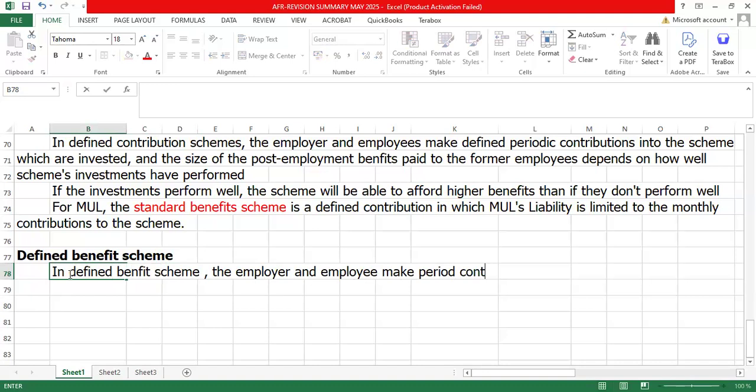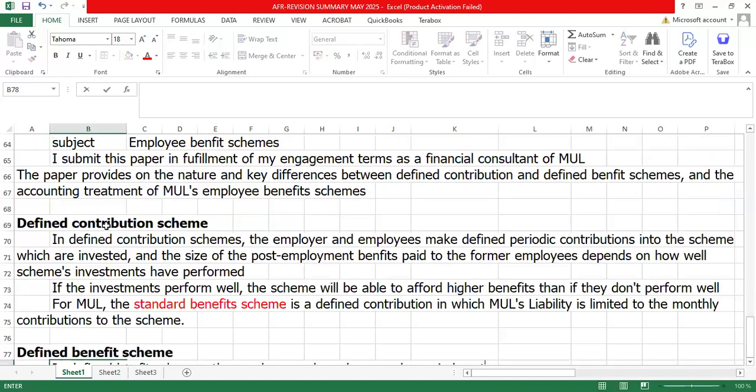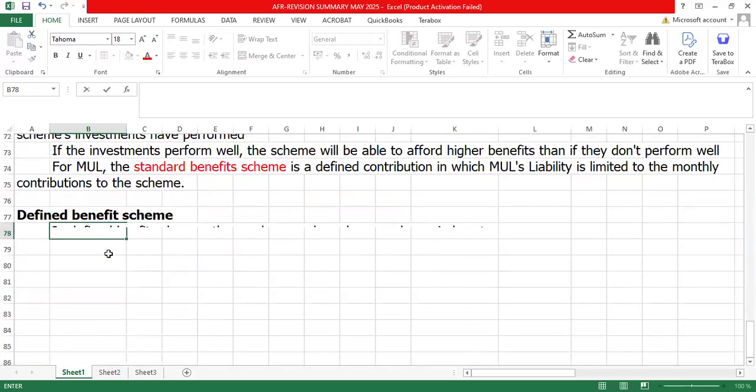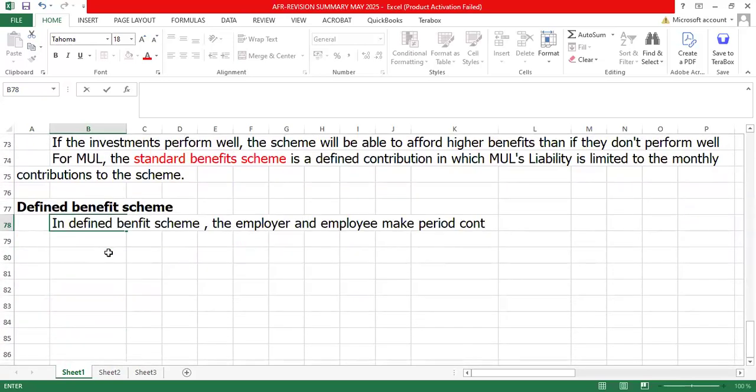Here we are not saying defined, because with NSSF colleagues, it is defined. You must contribute a certain percentage. But here, it all depends on the agreement between you and the company. It's not fixed. It all depends on the company agreement.